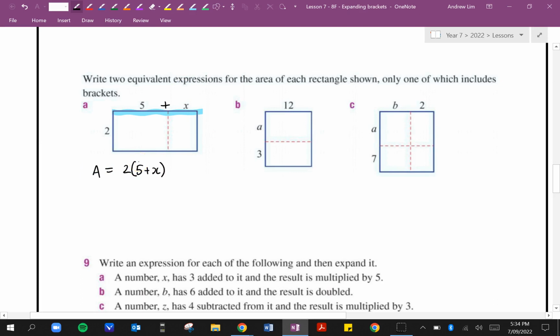Or we can expand it. 2 times 5 is 10. Positive times positive is positive. 2 times x is 2x. Or we can see here in the diagram, 2 times 5 is 10. Okay, so this rectangle here is 10. And this rectangle here is 2 times x is 2x. And we can see that, therefore, the area of the entire rectangle is 10 plus 2x. That's both of them combined.